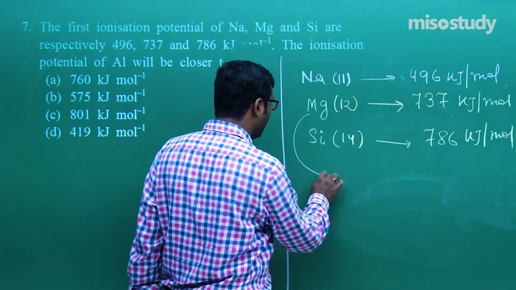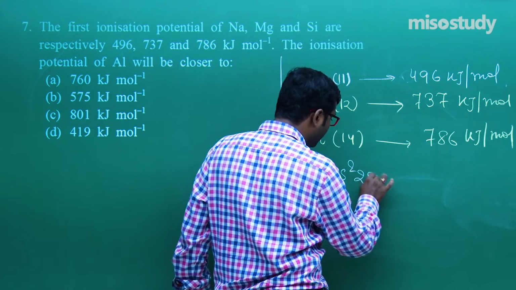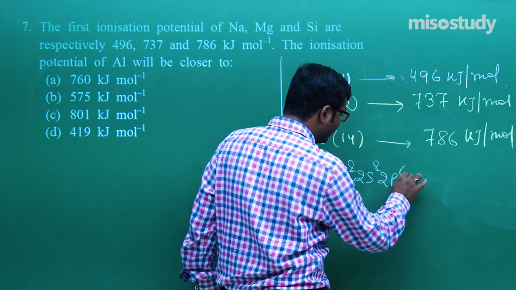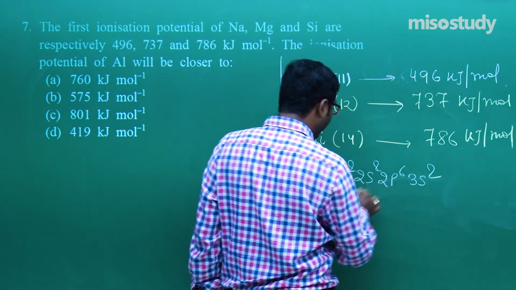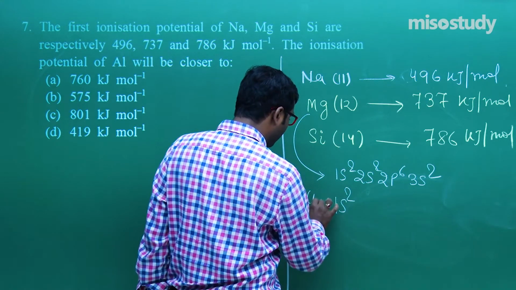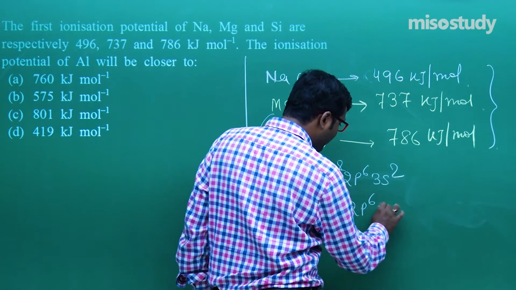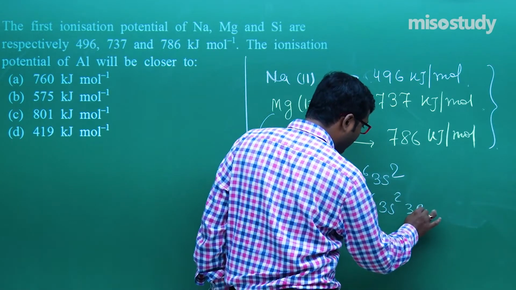If I talk about the electronic configuration of Mg, it can be written 1s2, 2s2, 2p6, 3s2. And if I talk about the electronic configuration of Al, aluminum, atomic number 13, it can be written like this: 1s2, 2s2, 2p6, 3s2, 3p1.